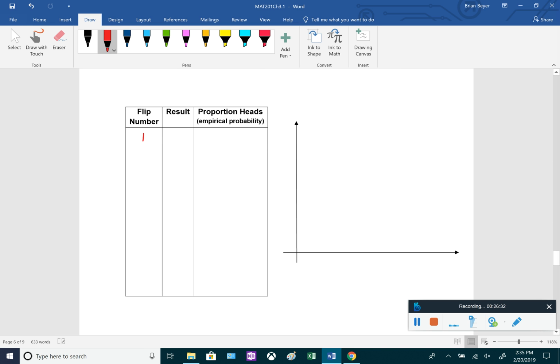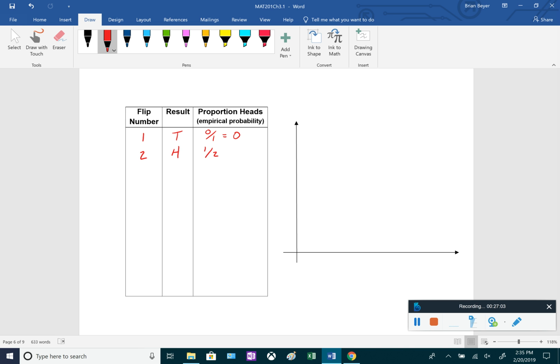So on the first flip, I got a tails. So the ratio of heads is going to be how many times we got a heads divided by the total number of flips. That's going to be 0 divided by 1, which is 0. So the proportion of heads is 0. On flip number 2, I did get a heads. So I got 1 heads out of 2 flips.